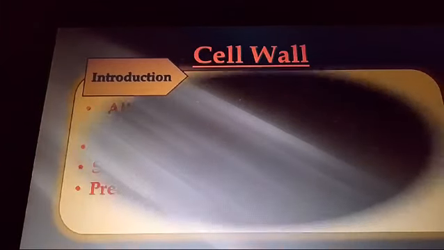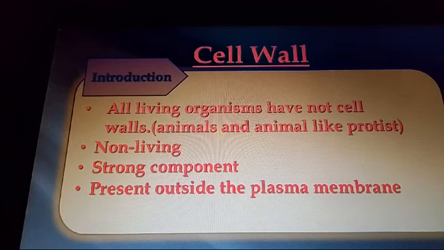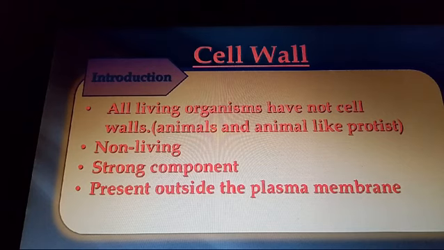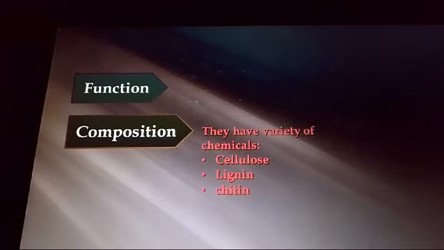Okay, come towards the introduction of cell wall. In the introduction, not all living cells have a cell wall, for example animal cells and some protists don't, and the cell wall is basically a non-living component. It is a strong component and is present outside the plasma membrane. This is the introduction of the cell wall.